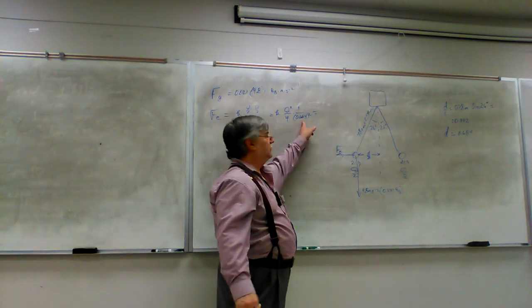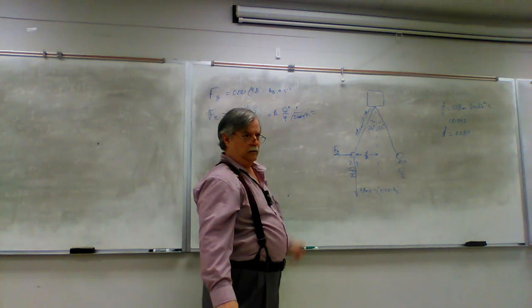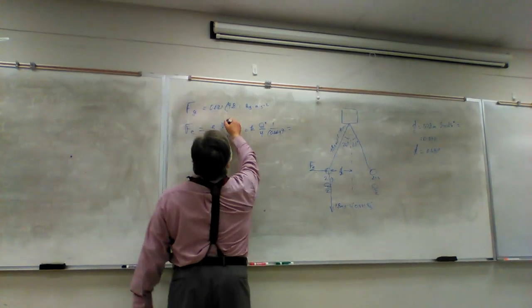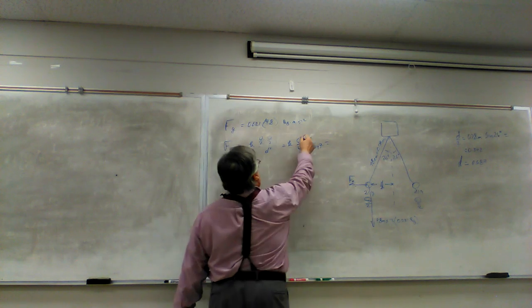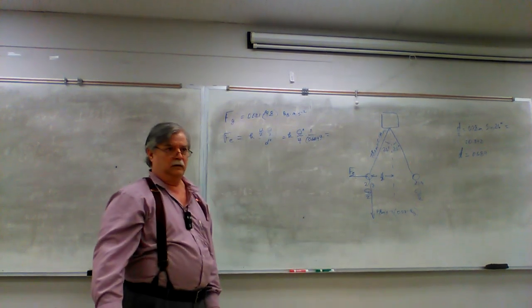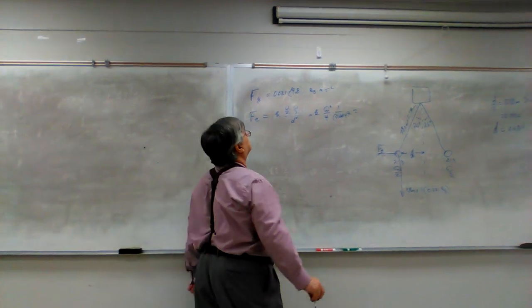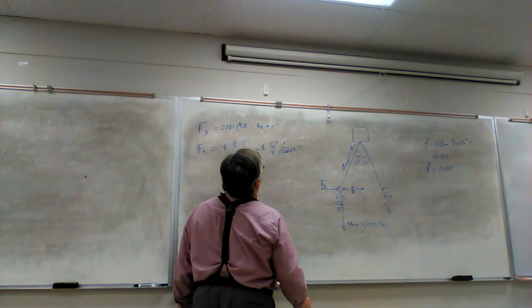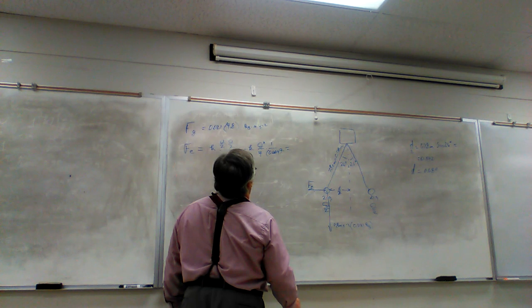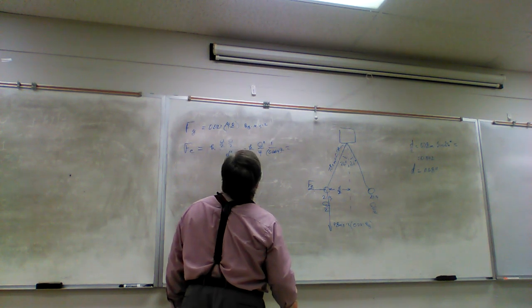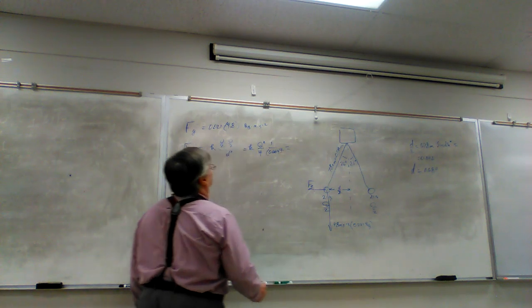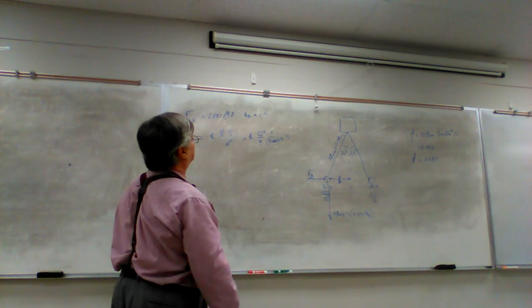How'd you get the 4? Q over 2 times Q over 2 is Q squared over 4. So we've got that number in terms of Q.